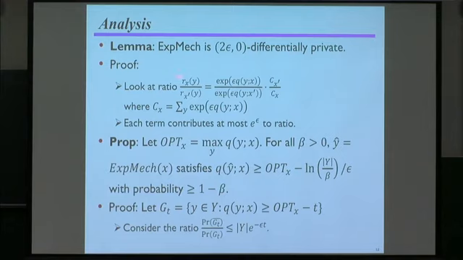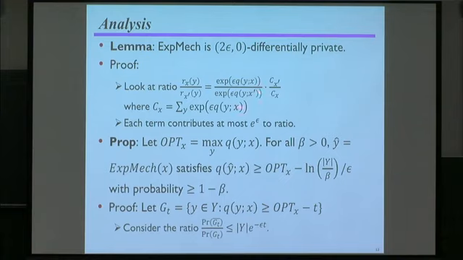The probability that I output Y given X is e to the epsilon times the number of people who visited Y in X, divided by some normalization factor, C of X, to get all the probabilities to add to 1. So C of X is in the denominator, and similarly, when I take this ratio, C of X prime winds up in the numerator, and e to the epsilon times the score given X prime winds up in the denominator. I can bound each of these 2 terms separately.